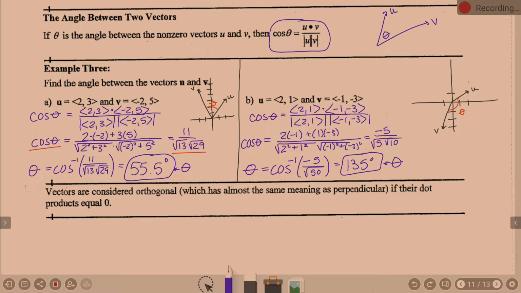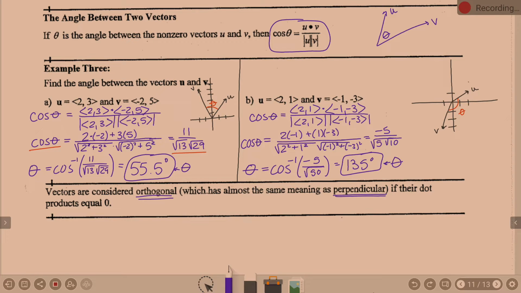Next topic, and we've got just a little statement about it here, but then we'll talk about it on the next page, is how to know if two vectors are considered orthogonal. See, I already can't pronounce it. Orthogonal. Now, notice what it says. Vectors are considered orthogonal, which has almost the same meaning as perpendicular. So when we talk about vectors being orthogonal, we're basically saying, are the vectors perpendicular?